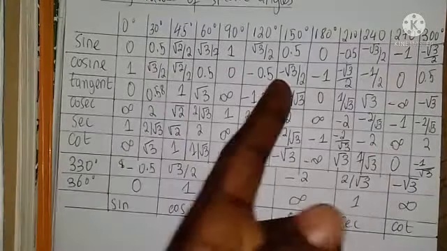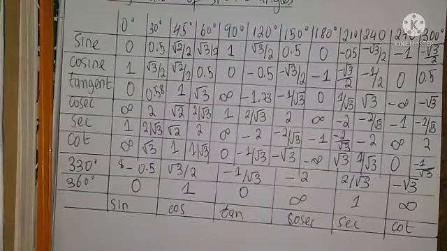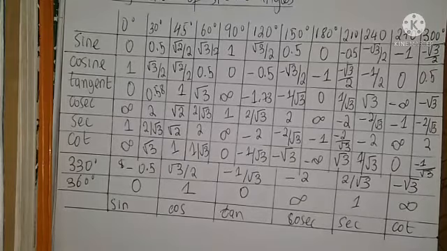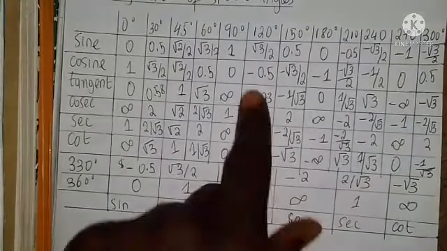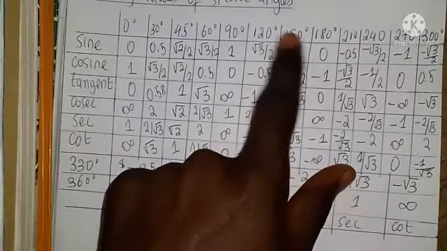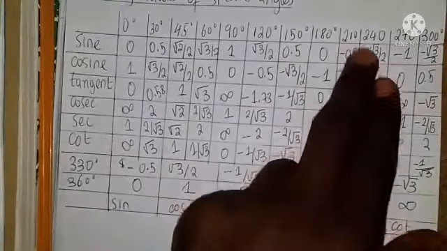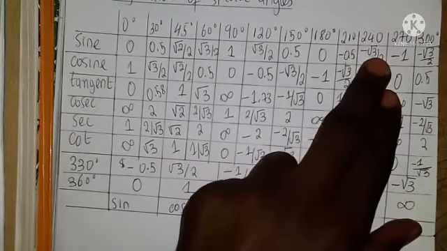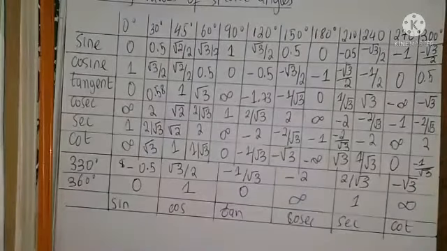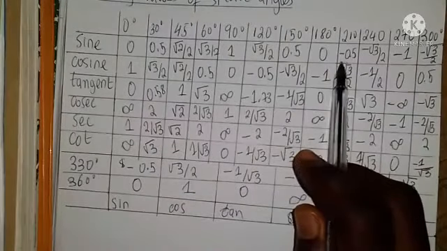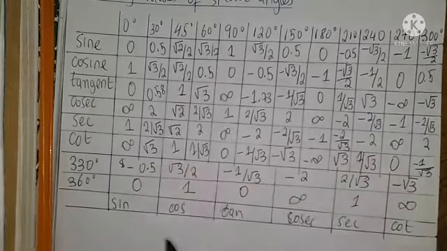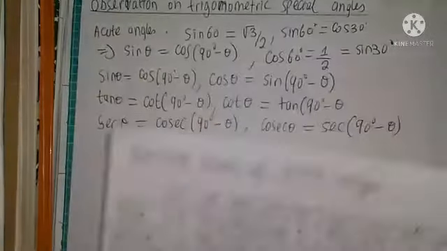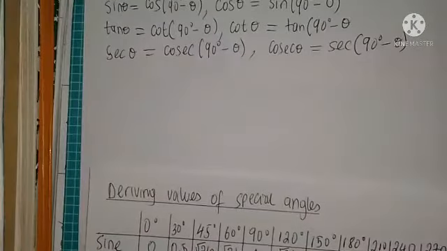So if you could try and adjust your table when you're making your summary after watching the video, please try and add 135 between 120 and 150, and add 225 between 210 and 240. For you to also observe that in between these two values we're going to have a value of negative root 2 on 2.